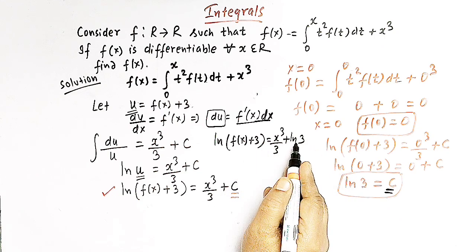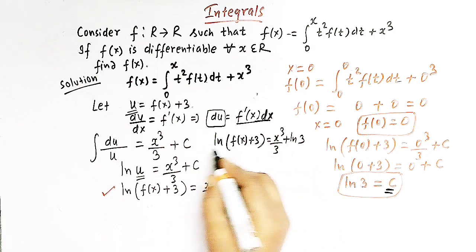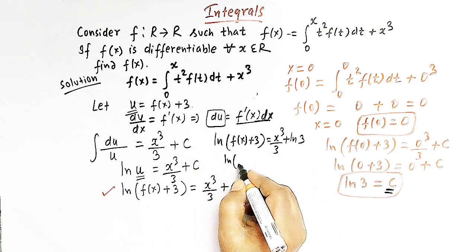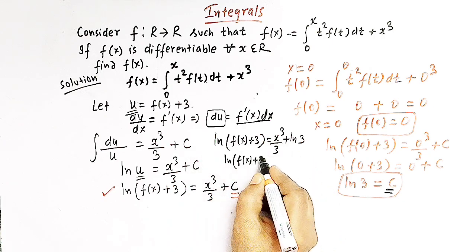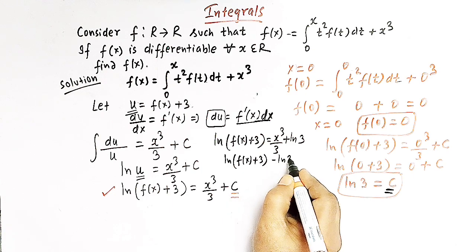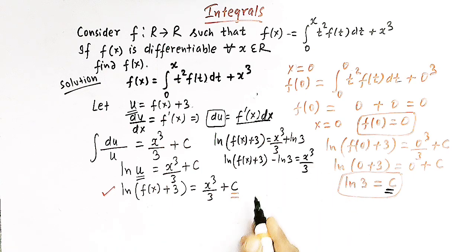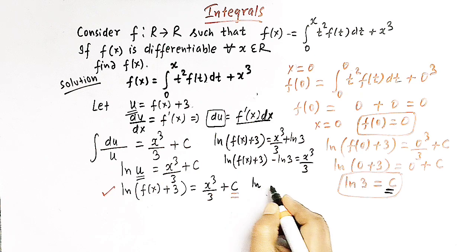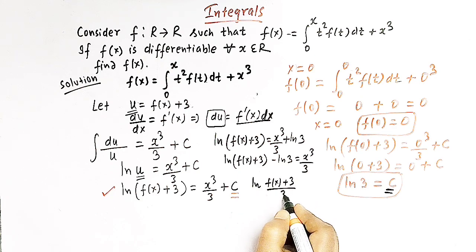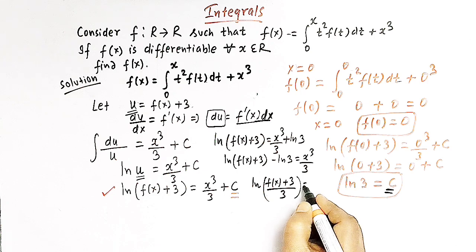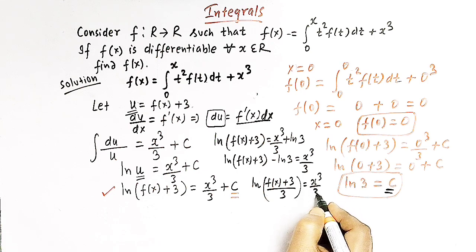Now taking natural log of 3 to the left hand side, we have natural log of f of x plus 3 minus natural log of 3 is equal to x cube over 3. Now applying the properties of natural log, we have here log of f of x plus 3 divided by 3, and here we have x cube over 3.